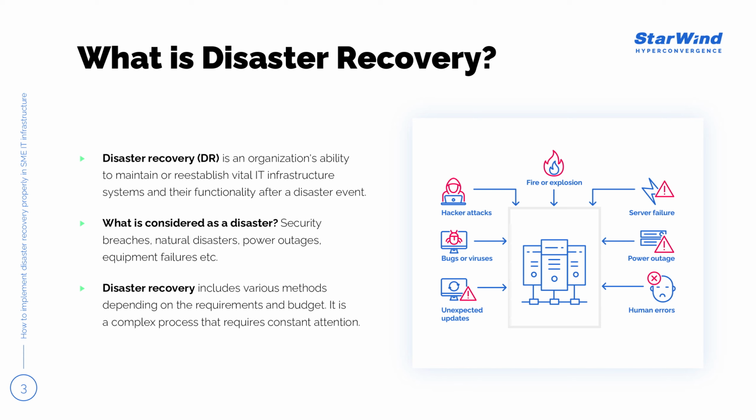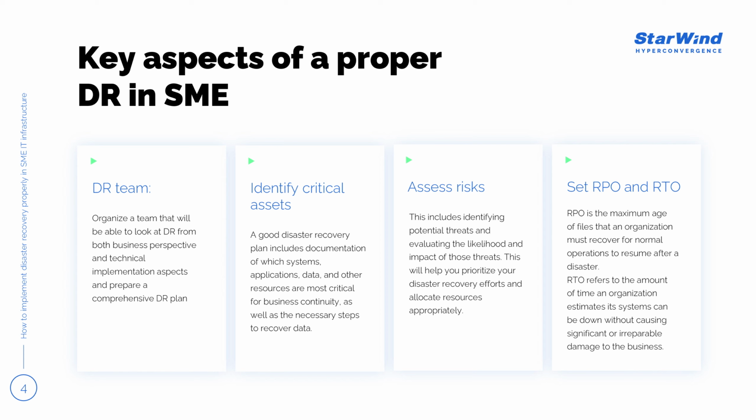Since I started talking about planning, let's move forward to some more details of how to implement DR. Usually, what an organization would do when preparing the disaster recovery strategy is perform an in-depth analysis of their systems and create a formal document that they would follow in times of crisis.